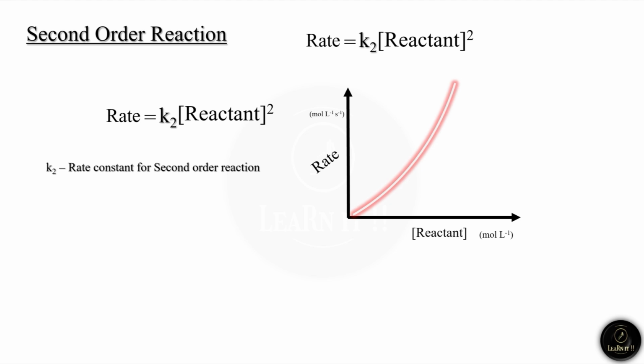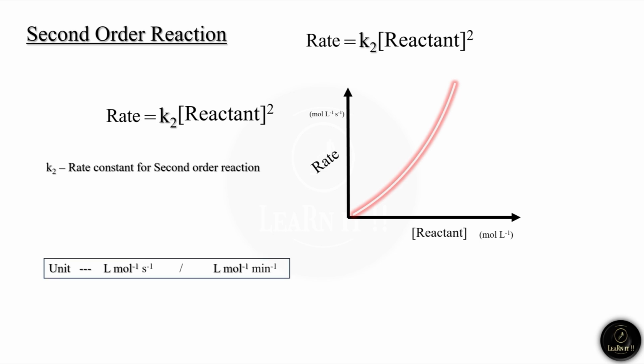The per second at this part was remaining. So the unit is liters per mole per second, or liters per mole per minute, or liters per mole per unit time.